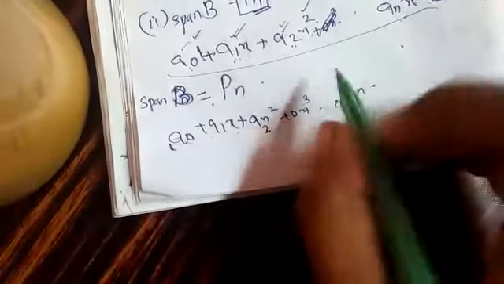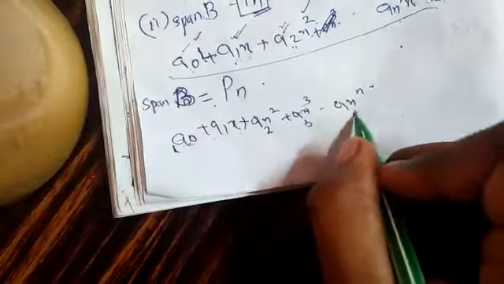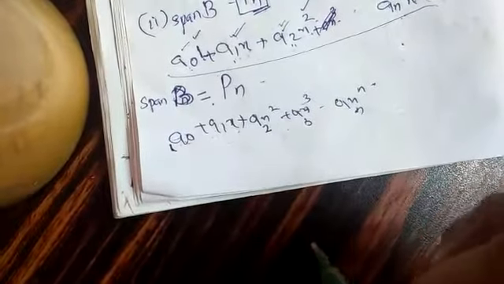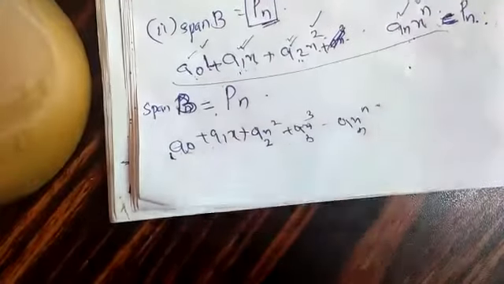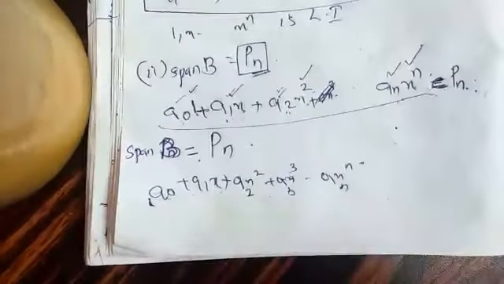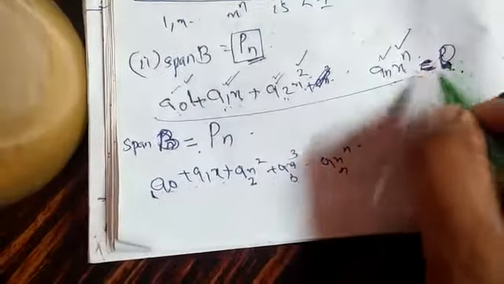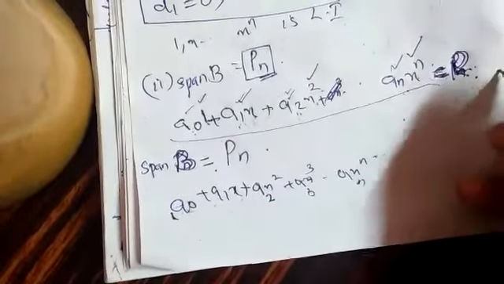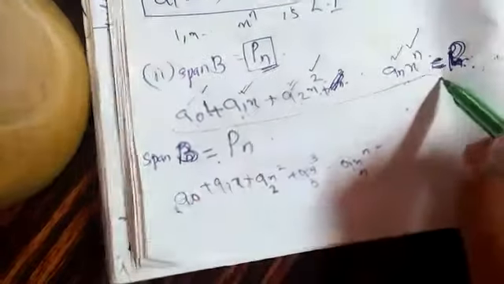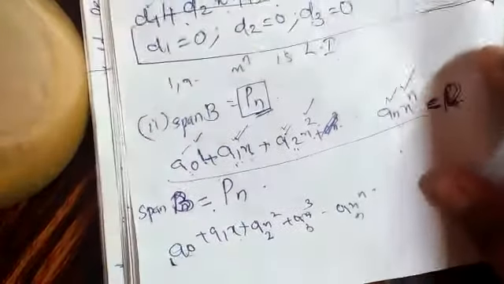An n degree polynomial means all a0, a1, a2, etc., an are non-zero. But every element in Pn can be expressed as one polynomial P. You can take one polynomial P. Every element in Pn can be expressed as a linear combination of 1, x, x², etc., xⁿ.